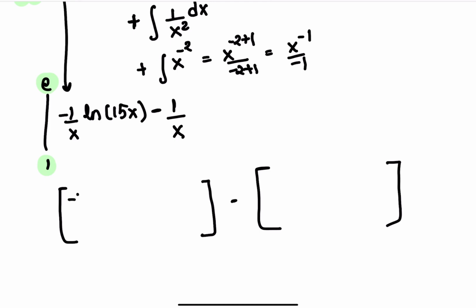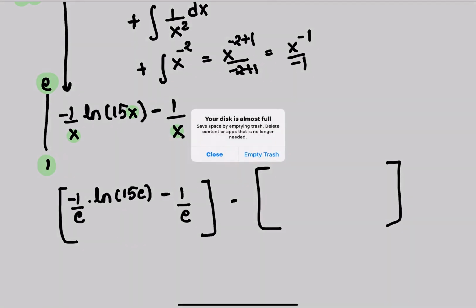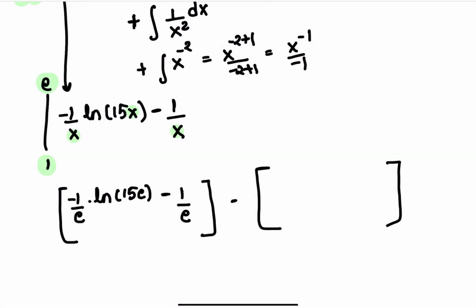So this is negative 1 over e times ln 15e minus 1 over e, because I'm replacing my x's with e's. Now the next is I'm going to replace my x's with 1. So this is negative 1 over 1 times ln 15 times 1 minus 1 over 1.